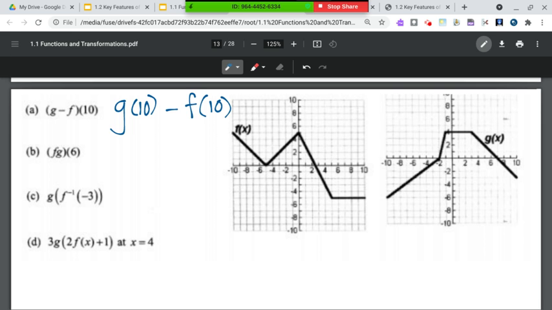What is our value for g of 10? About negative 3. What is our value for f of 10? Negative 5.